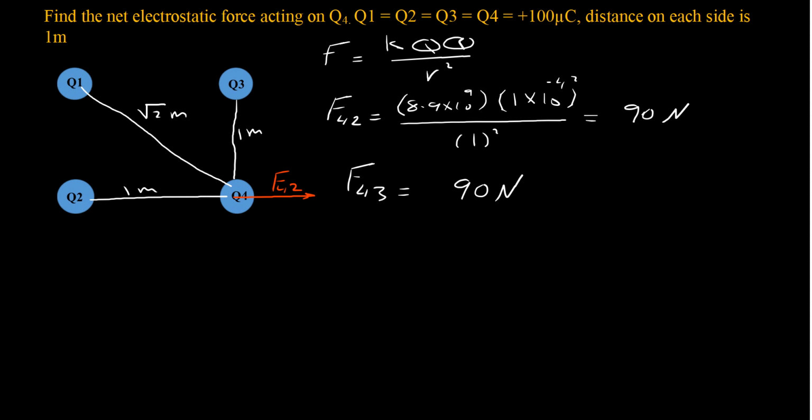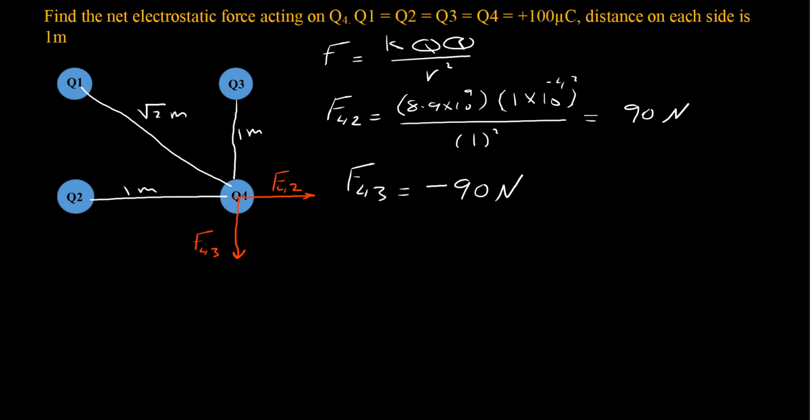In this case, this one will be negative, because it will be going to the south, or downward. That will be the direction of F43. Because it's a repulsive electrostatic force, it will be pushed away, and this negative tells me the direction of this force.